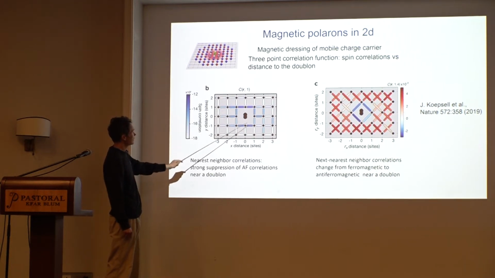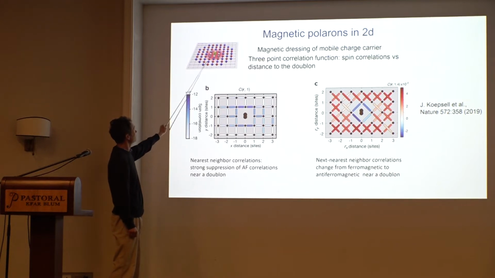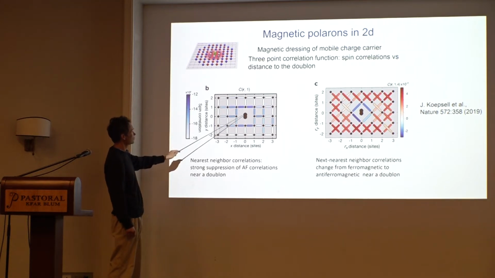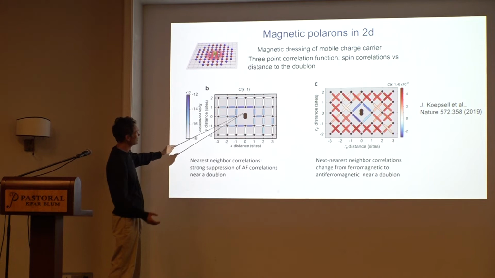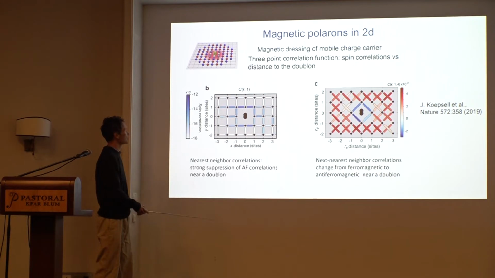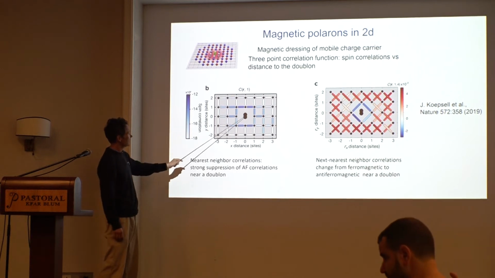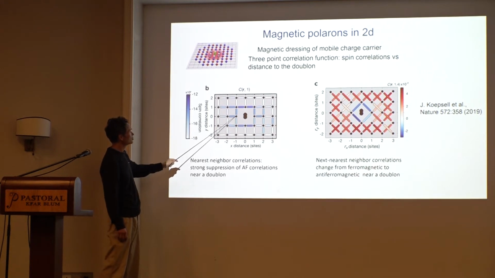As we said, the doublon can be anywhere, but in order to understand this correlation function, when we represent them, we always put the doublon in the center. And here is the color coding of spin correlation functions. You can see they are conditional on being a certain distance away from the doublon.